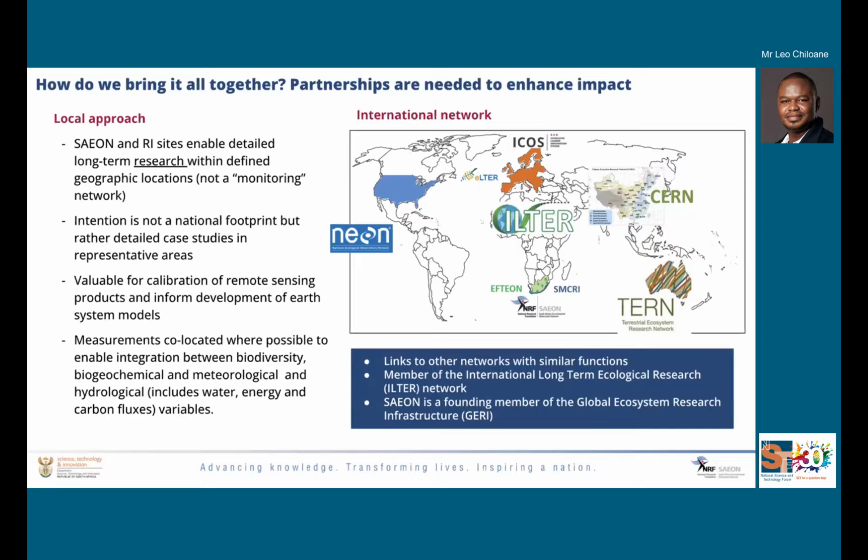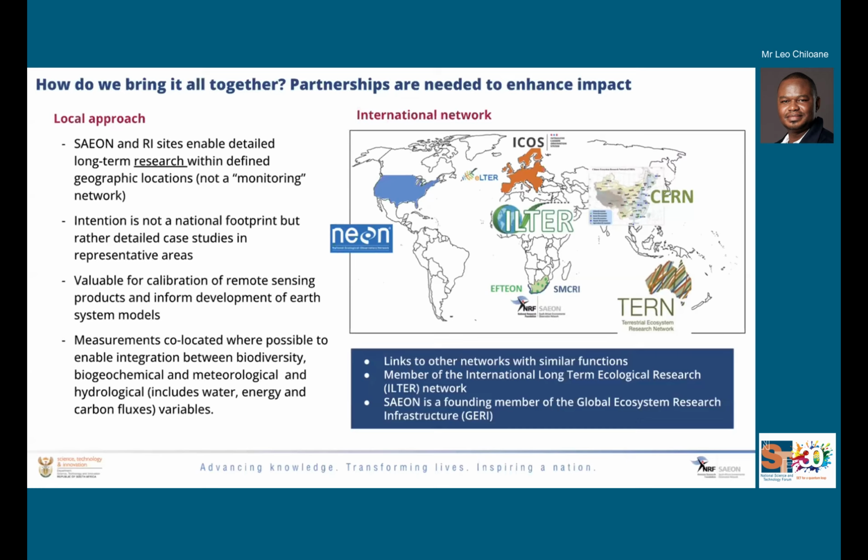And currently, locally, we're able to adopt other long-term research sites from different organizations as well into this. We're also a founding member of the Global Ecosystem Research Infrastructure. It's a partnership between 6 research infrastructures in the world.